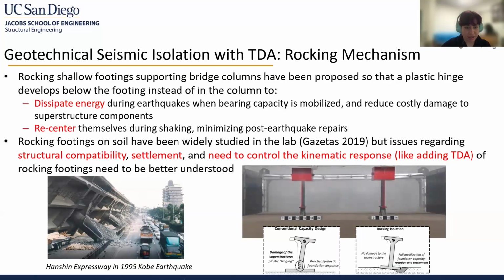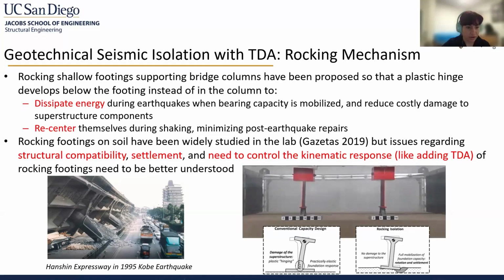So looking at this geotechnical seismic isolation, specifically its rocking mechanism, rocking shallow footings supporting bridge columns have been proposed so that a plastic hinge develops below the footing instead of in the column. And this essentially dissipates energy during earthquakes when bearing capacity is mobilized and reduces costly damage to superstructure components.